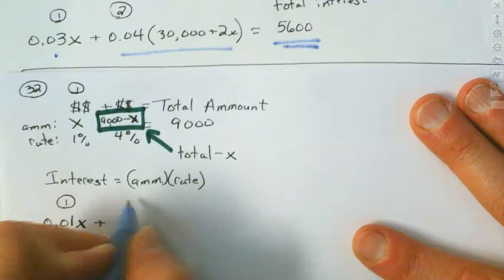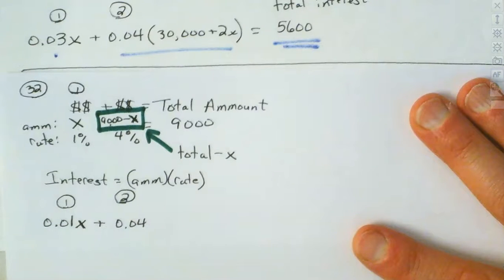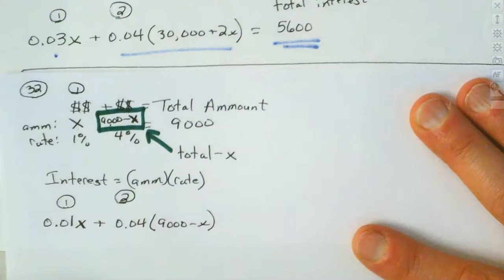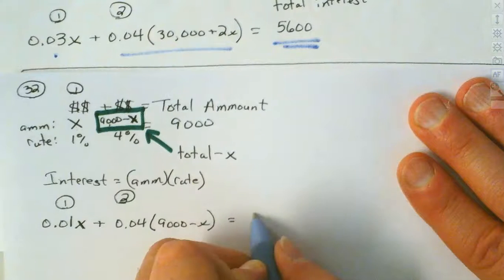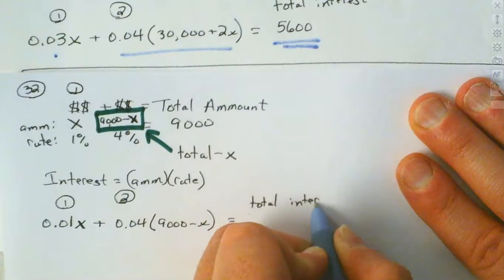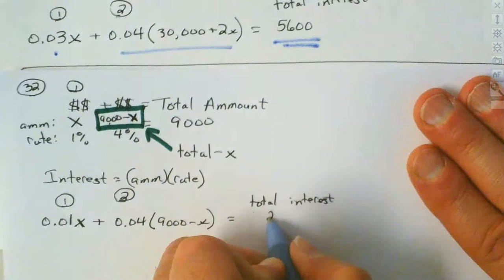Next one is 4%, and that's 0.04. How much is in there? Minus X, okay? And what is it going to equal? Yep, total interest, not the amount. And my total interest is $285.